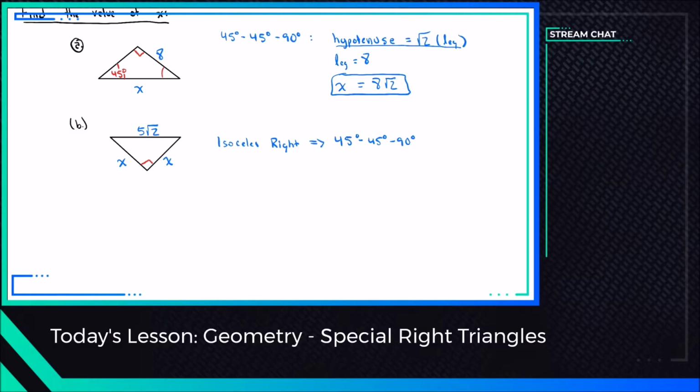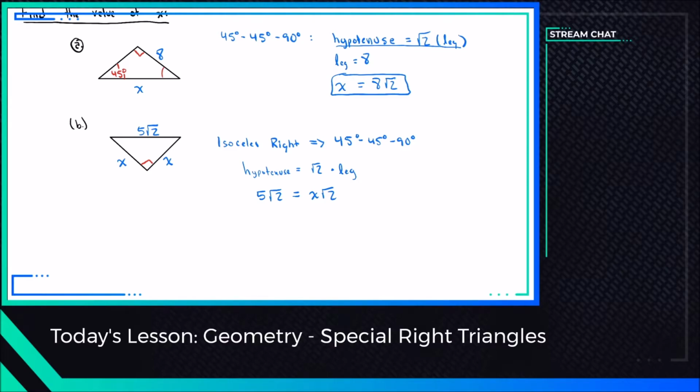So if the hypotenuse, once again, equals the square root of 2 multiplied by the leg, we can now solve this equation to find the leg. Because if we substitute all our numbers in here, we're going to have 5 root 2 is equal to x times the square root of 2.